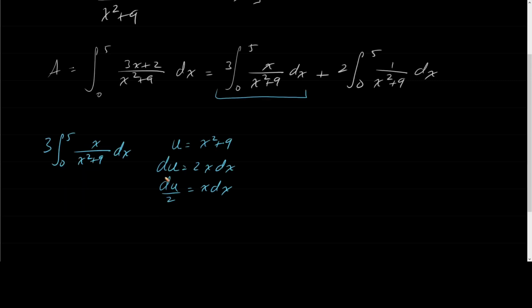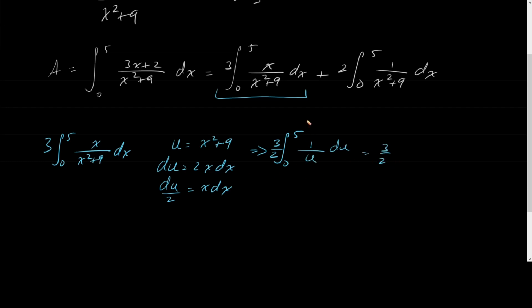So what that gives me now is 3 times the integral of this x dx, that was our du over 2. So I'm going to put it over 2, and I'm going to write it as 1 du. This x squared plus 9, that's our u. So this integral becomes 3 halves.